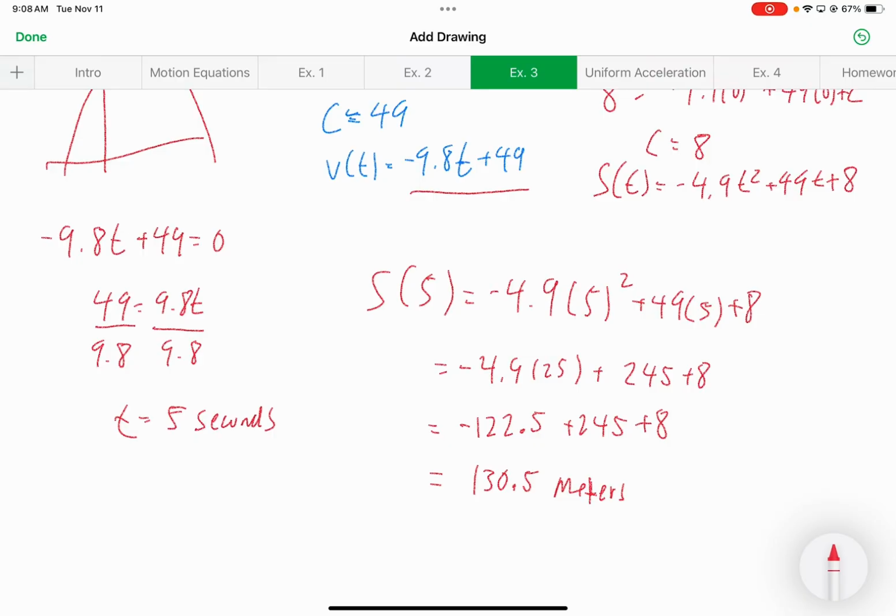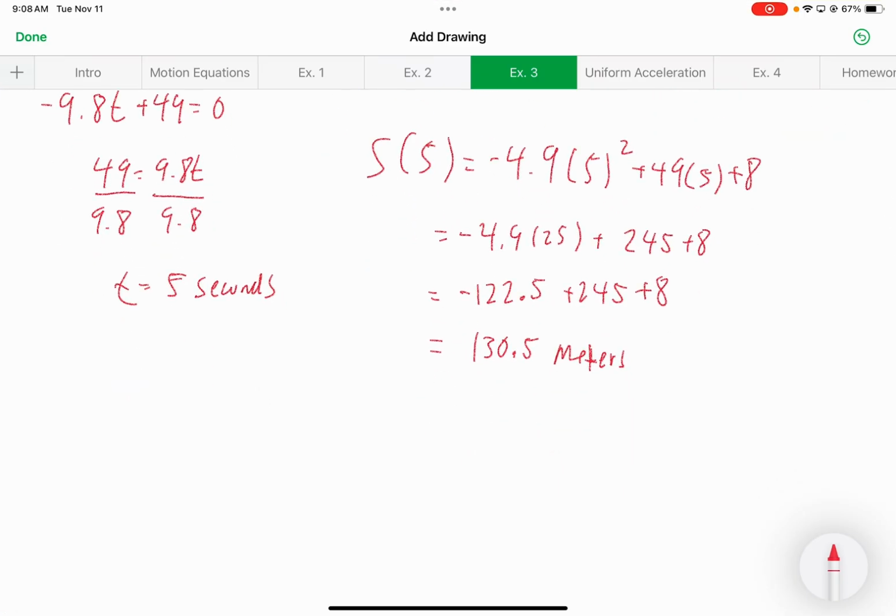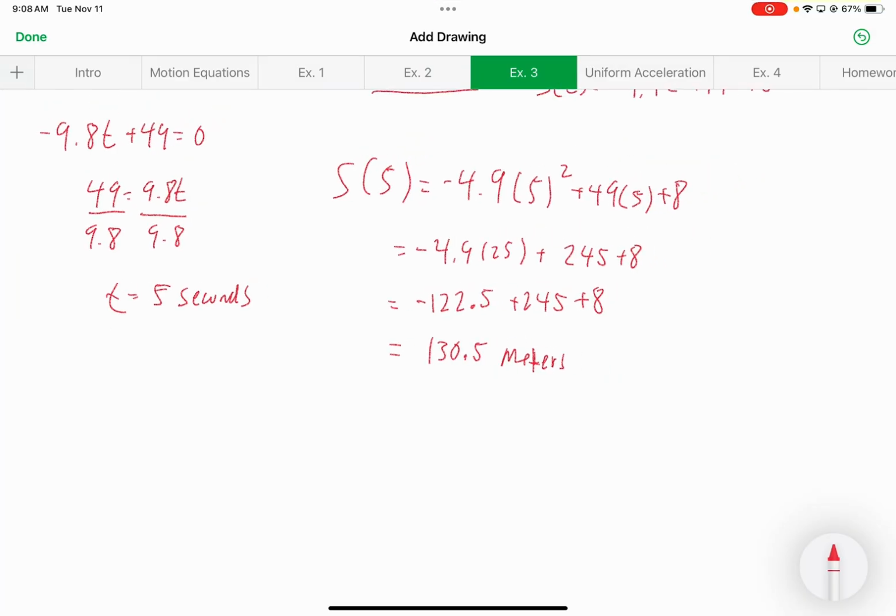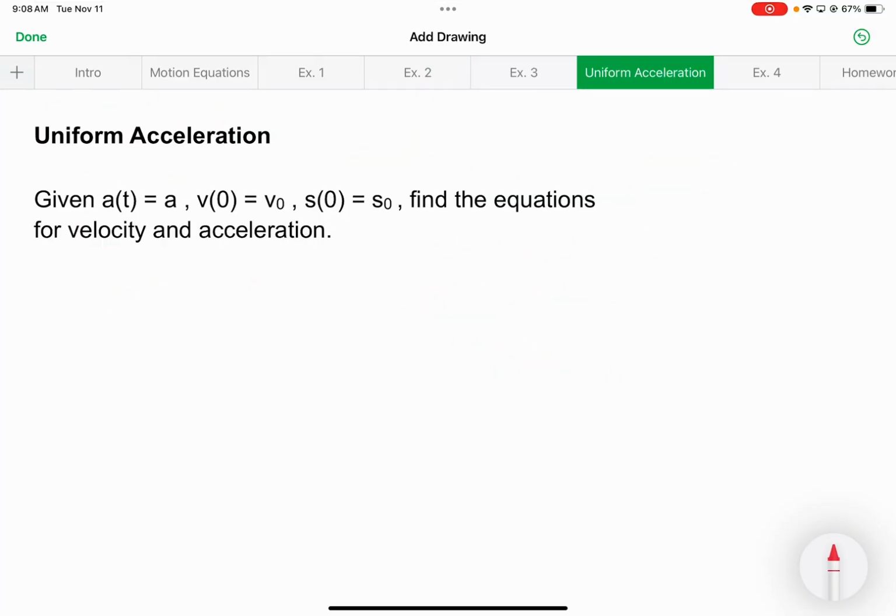Yeah, because you would add that to 245 and get 252. All right, got it. 130.5 meters.